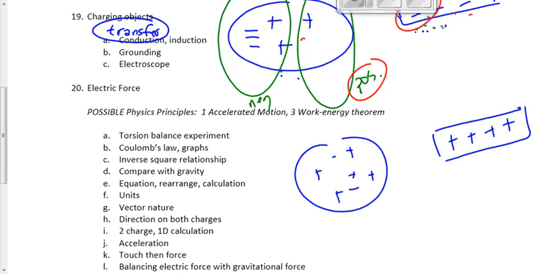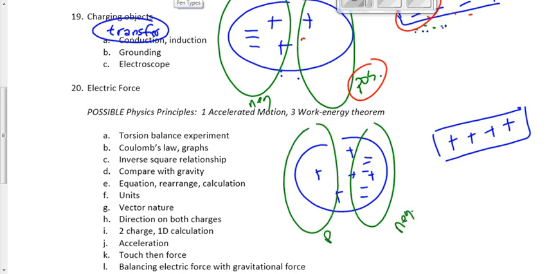Not all of them, but we always just draw it that way because it's easier. That leaves this side negative because there are more negatives than positives, and this side positive because there are more positives than negatives. The side that's closest to the charging object is oppositely charged, so they're going to attract each other. Charged objects attract neutral objects.